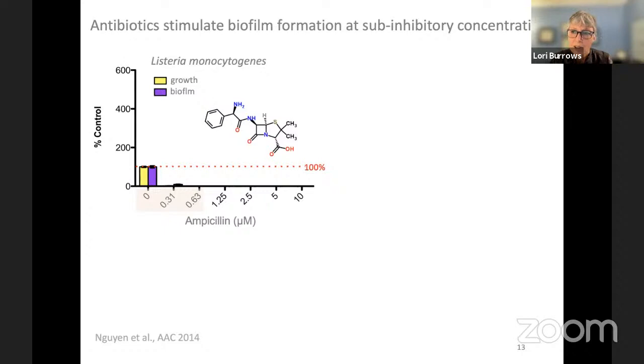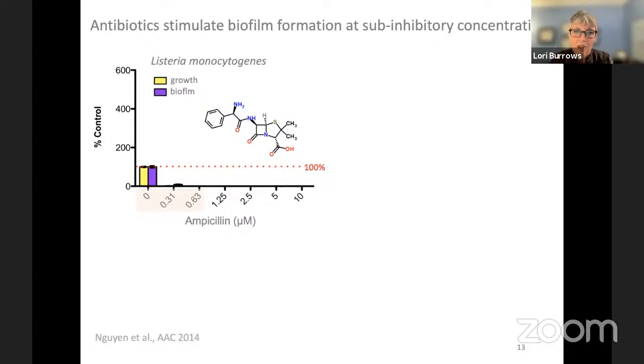We have collections of thousands of small molecules. Among those, we have a library of about 4,000 compounds that are all previously FDA approved drugs that are no longer patented, right? That's the collection that we started screening with.